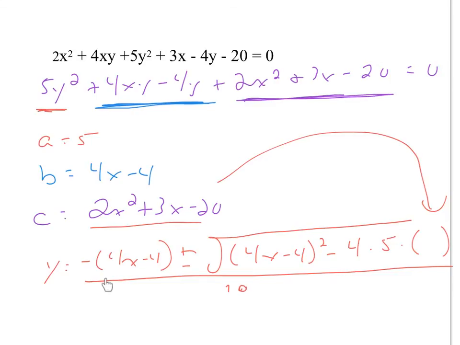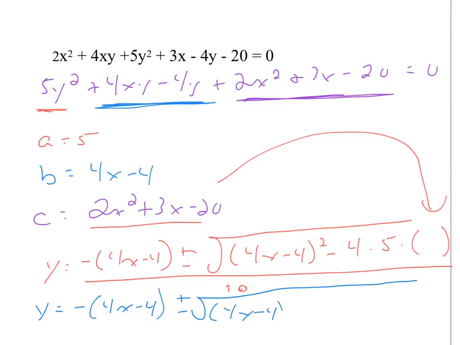But I can write it. So here's our equation. I'm going to get something that looks like y is equal to, I'm not going to simplify that, negative 4x minus 4 plus or minus, so I'm going to have 2 of them, radical 4x minus 4 squared. Why would I FOIL that out?